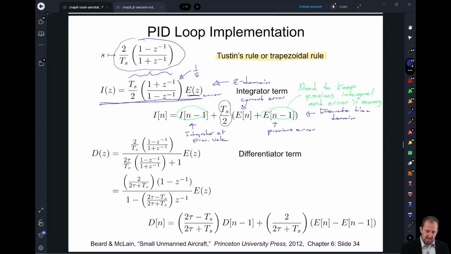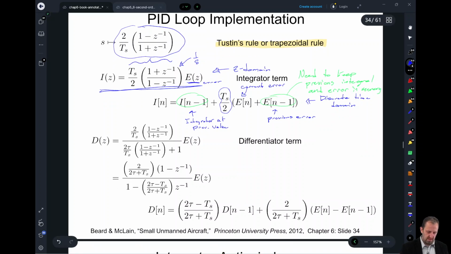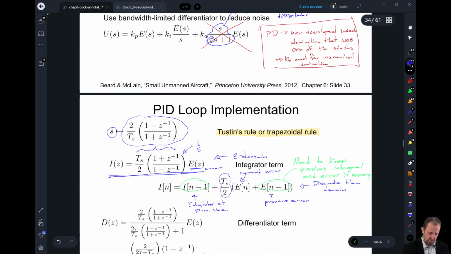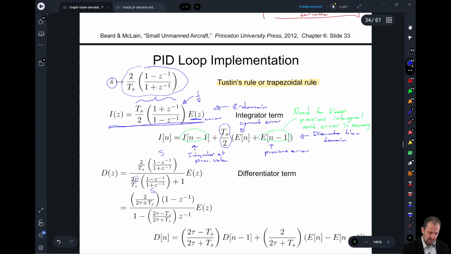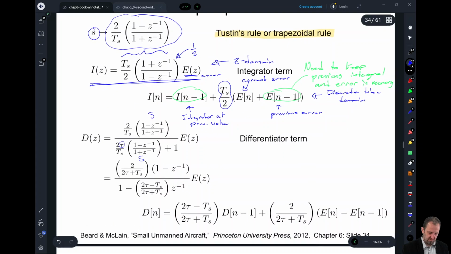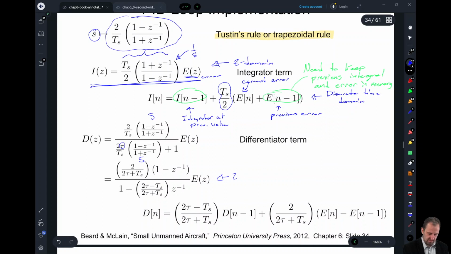Excellent. So then our differentiator term is going to be very similar to what we did before. We're just plugging in s every time we see our s value. So we have our s divided by tau times s plus 1. And then we can look at the resulting value for it, again in the z domain and in the discrete time domain.